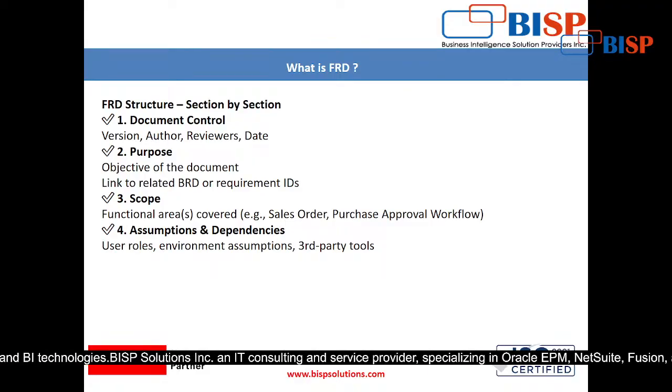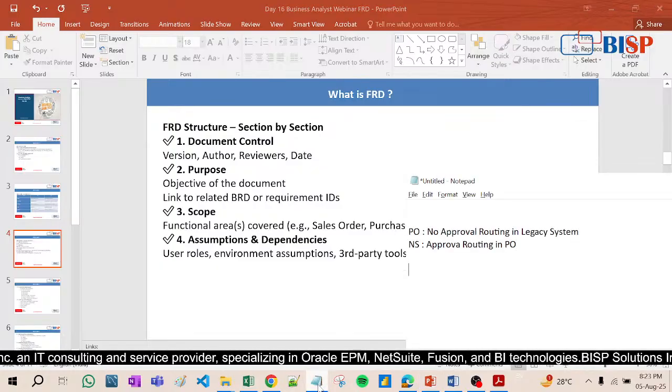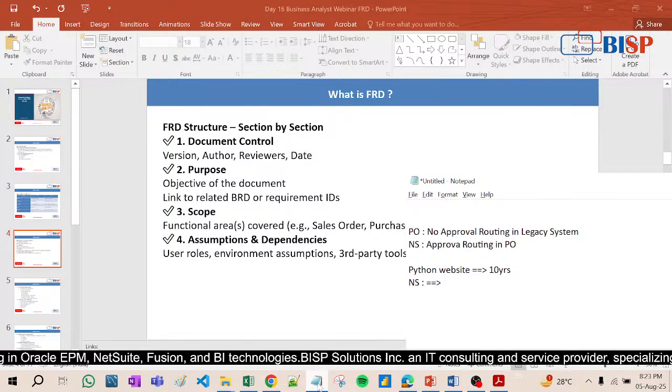And dependencies means third party. For example, suppose a company has been using a Python website for the last 10 years. Now they are implementing NetSuite, but they do not want to retire Python.